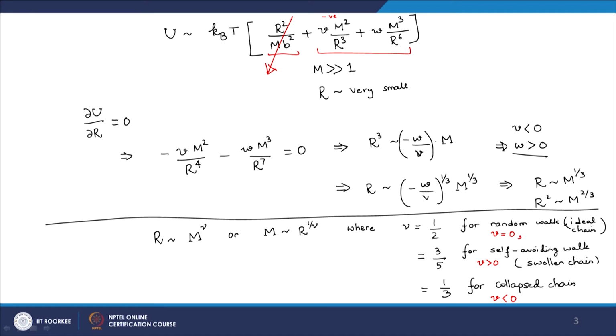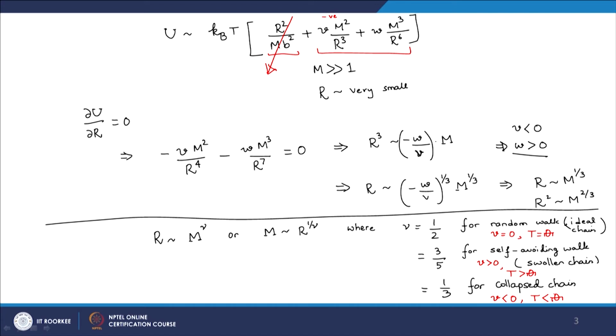So, the first case is for T equal to theta. The second case is for T higher than theta, and third case is for T less than theta, theta being the temperature where ideal chain behavior is established.